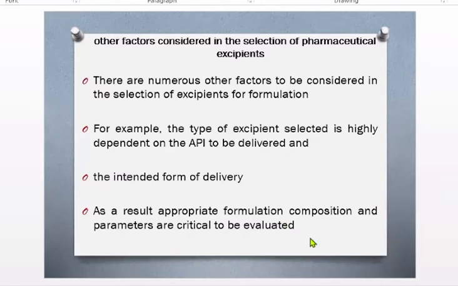So we see that appropriate formulation composition and parameters are critical to be evaluated. You must know exactly what the composition is going to be for you to choose appropriate excipients.